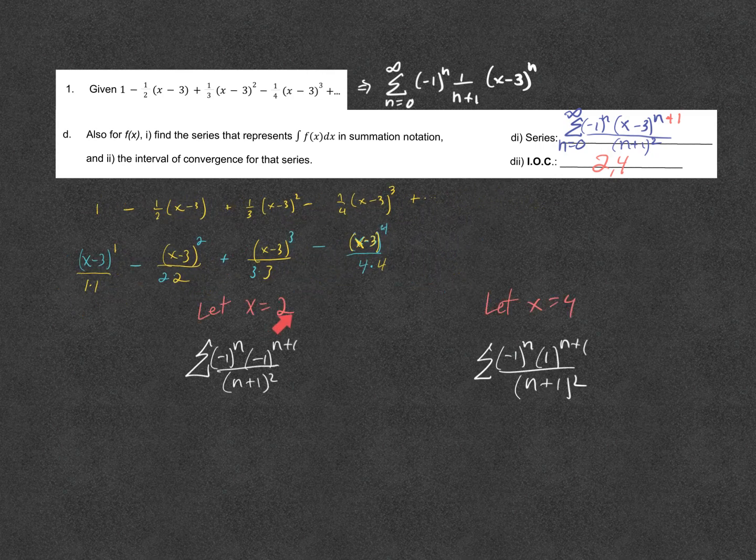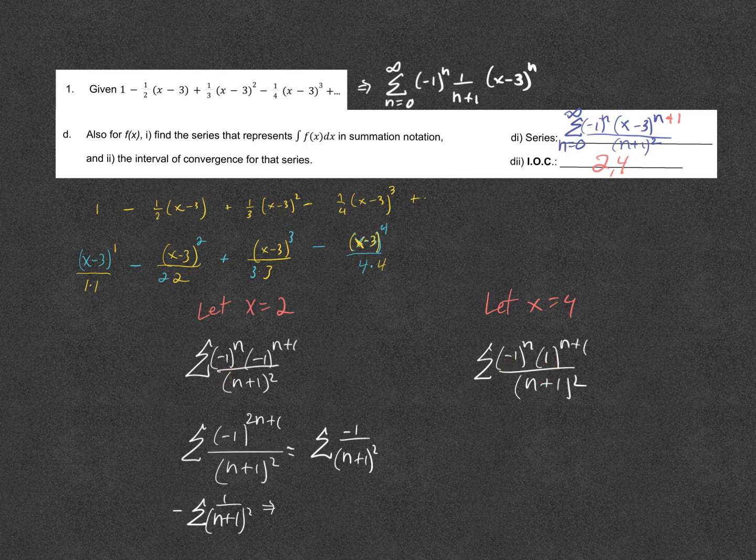All right, if x is equal to 2, then 2 minus 3 is negative 1. And if x is 4, then 4 minus 3 is positive 1. Well, when we multiply negative 1 times negative 1, we add the exponents. This will always be an odd exponent, so the numerator will always be negative. We can write it this way.